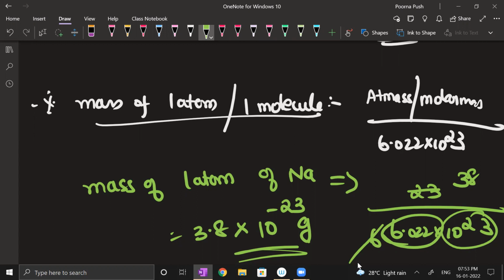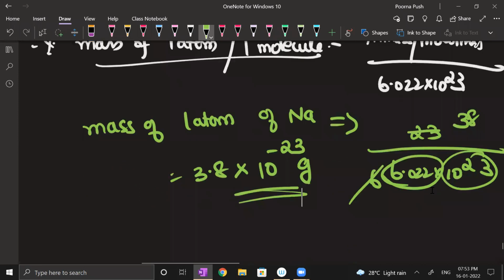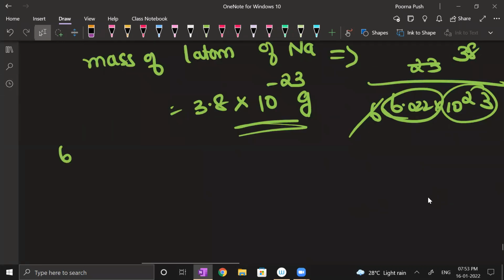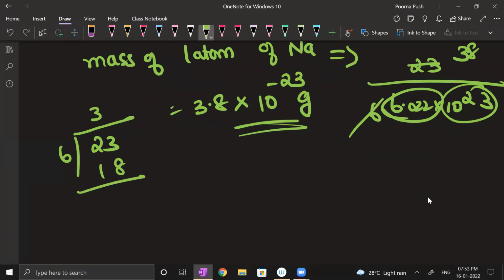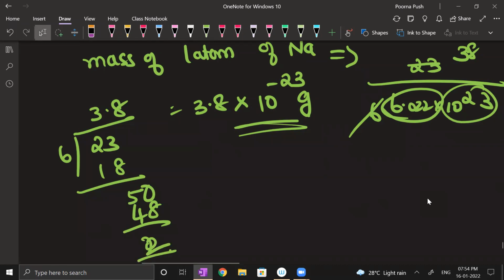What I did, I just rounded off to 6, so 23 by 6. No, ma'am, if we divide by 6 itself, 3.6 only is coming. 3.8 only I'm getting. 6 8s are 48, right? Yes, correct, ma'am. We'll be getting 3.8 into 10 to the power minus 23.